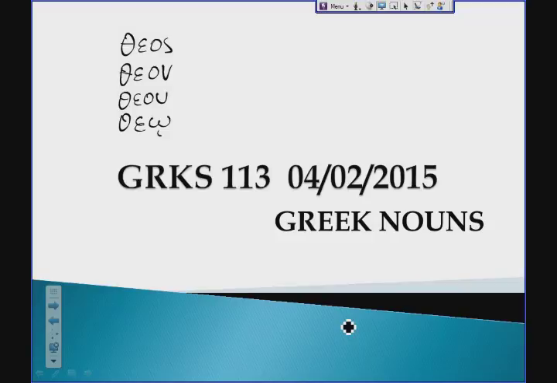God. It's still the same noun, but the inflectional changes are there. And then you have theoi, you have theon, you have... what is the dative plural?